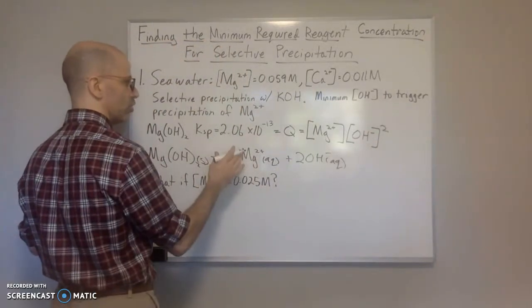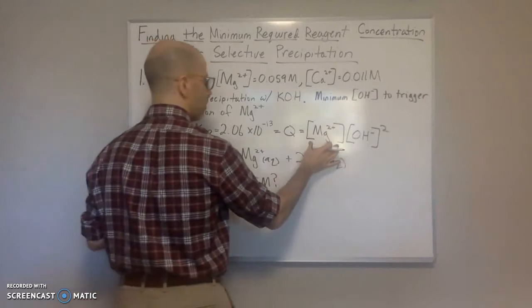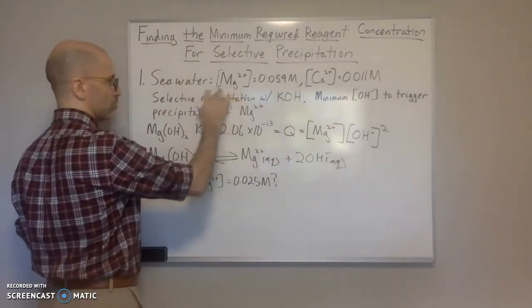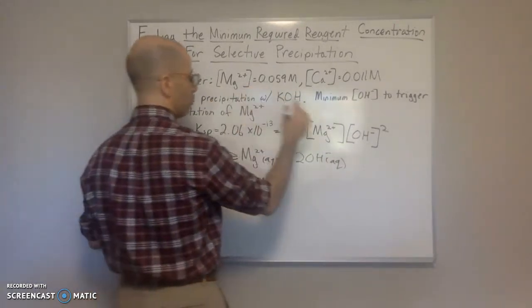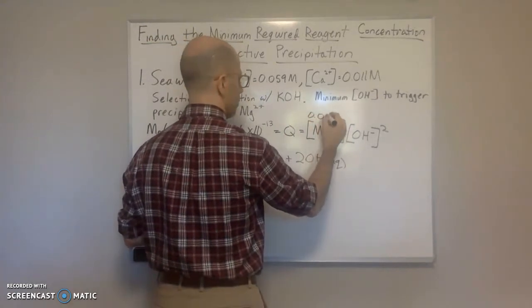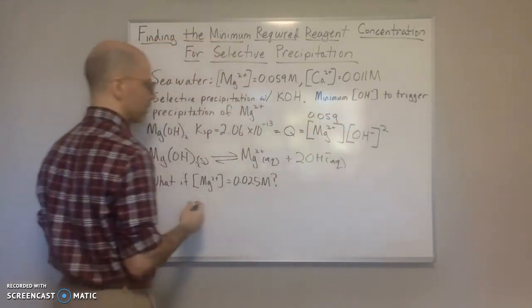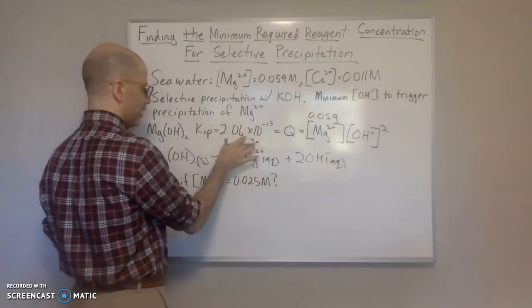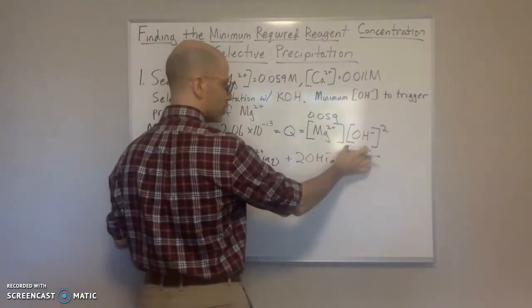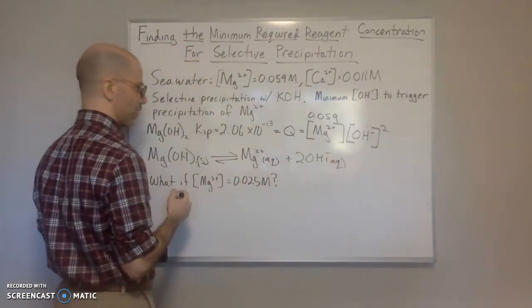So now all we need to do is plug in what we know about magnesium. Here the concentration of magnesium is 0.059. We've got this equal to the KSP. Now all we need to do is solve for the hydroxide ion.